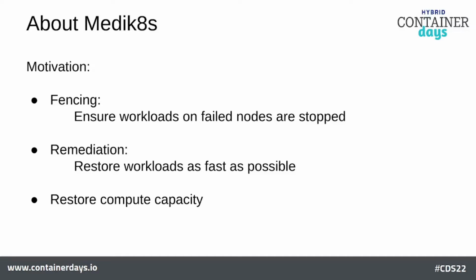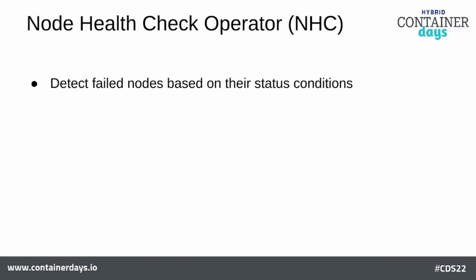This is handled by the node health check operator. From Kubernetes' point of view, nodes are just resources, just like everything else. That means that nodes can be retrieved from the API server, and the status part provides information about the health state of the node.